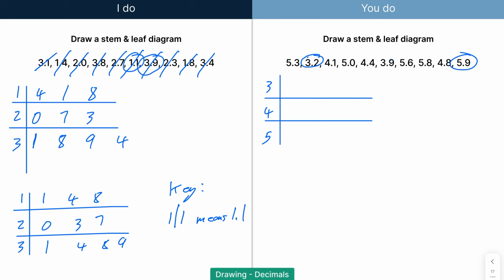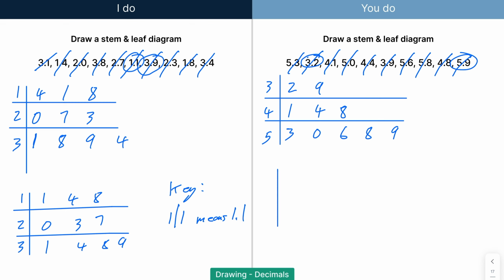That's 5.3, 4.1, 5.0, 4.4, 3.9, 5.6, 5.8, 4.8, 5.9. So that is that there. And that now needs to be put in order, and I've forgotten to do it again, but remember to cross off your old working out once you've done the reorder.